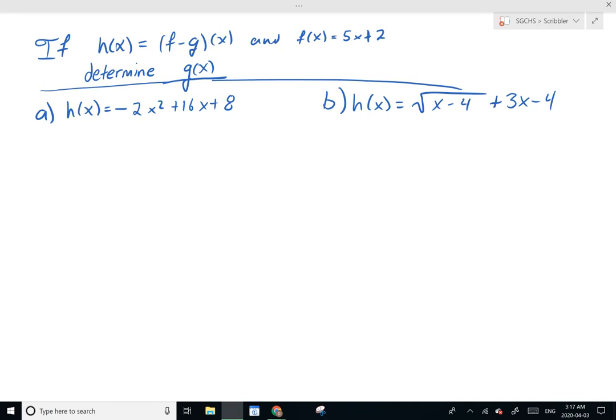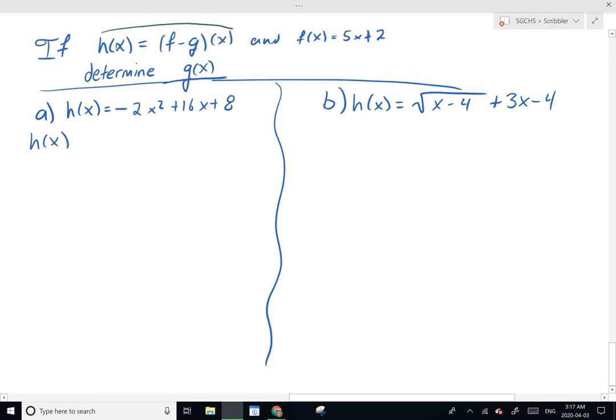Okay, so if we look at A, let's quickly recall that h of x, if it looks like this form, we can put it in this form. And I find this form a lot easier to read personally, where it is f of x minus g of x.